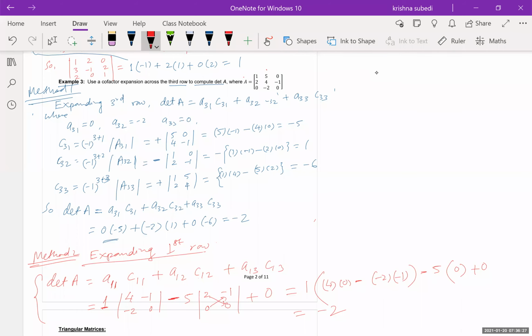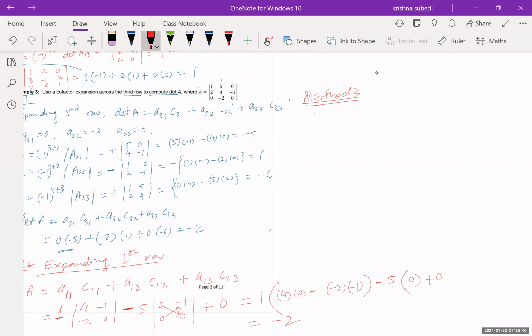I think you notice that the more zeros in the row or column that you consider to expand, life is easy. So I want you to try another way. Let's say method 3. I want you to expand the third column.